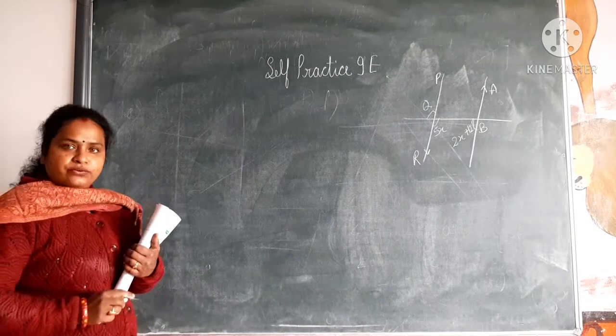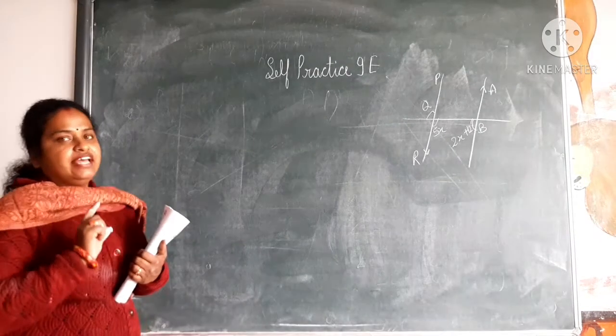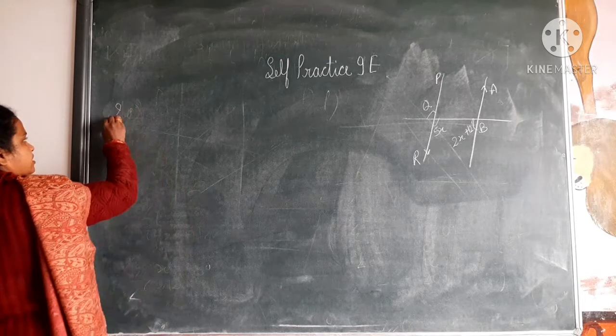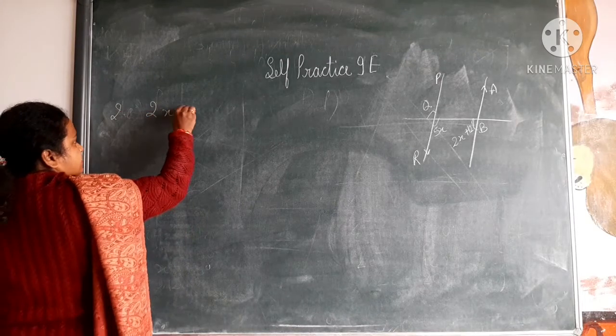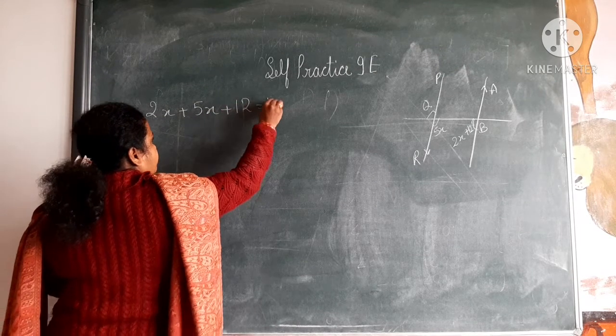Okay, so both are co-interior, so you have to find the value of x and then you will find the angle value. So see question number 2, 2x plus 5x plus 12 is equal to 180.